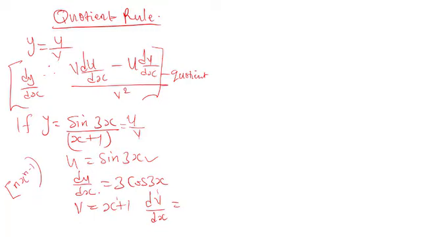Our n is 1, so you bring it back, 1 x to the power 1 minus 1, plus, remember the constant term is 0. So x to the power 0, and you know the law of indices, if a number is raised to power 0 it is equal to 1. So dv dx is 1.